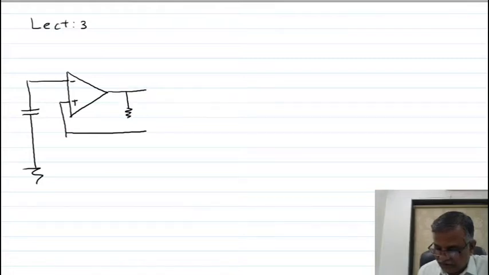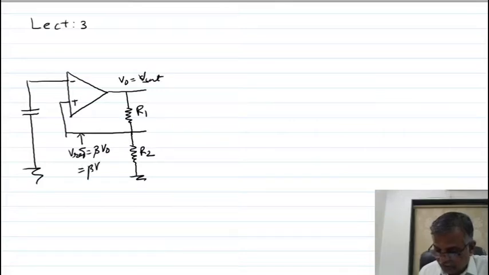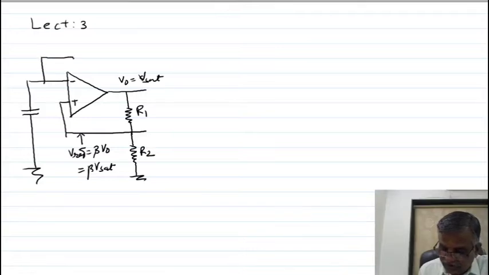So first, I will discuss how you can vary the peak-to-peak voltage of a square wave generator. This is your reference voltage we have written. This is beta into V0, and V0 is nothing but the saturated voltage. So I can write beta into V saturated voltage, and here you connected some resistor R. These are capacitors.